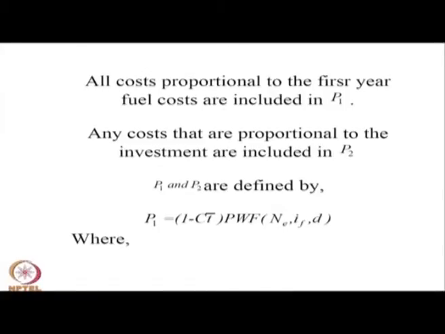Now, let us try to have an idea of how to calculate this P1 and P2. So, this is a bit of economics, and you just listen carefully, and then you can go through these slides in detail and then work out for yourself.